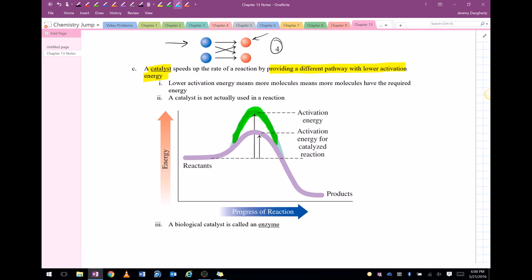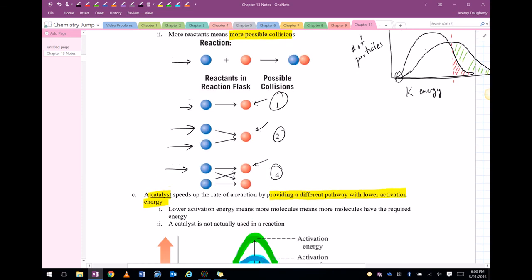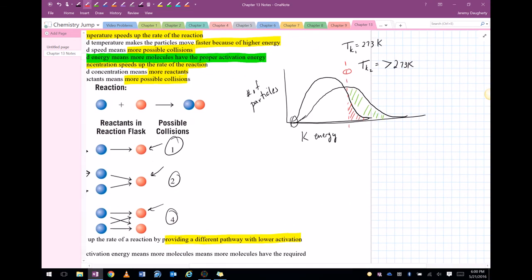Now our new pathway in blue is lower. Okay? Let's go back up here to our energy profile. So red was the original activation energy. If we use a catalyst, we can lower the activation energy. So now here's the activation energy with a catalyst.